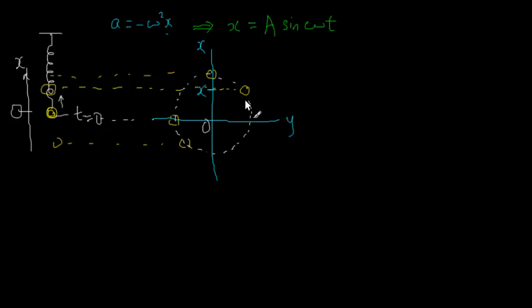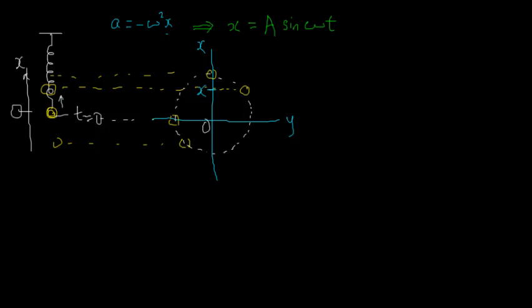The next thing we need to do is to think about the acceleration. Now, how would I be able to find the acceleration of this ball, or rather the acceleration of this point, this x, this height of the ball, as the ball goes round and round.